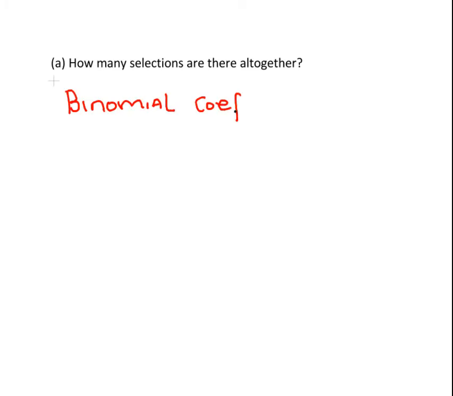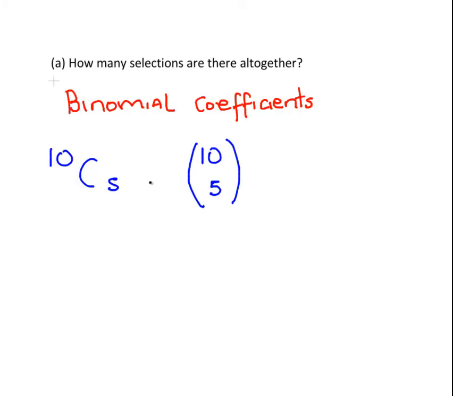I'm not going to look at how to calculate them here, but they're exactly for this purpose. So it is 10 choose 5, and that evaluates to 252. There are 252 ways of selecting 5 people from 10.